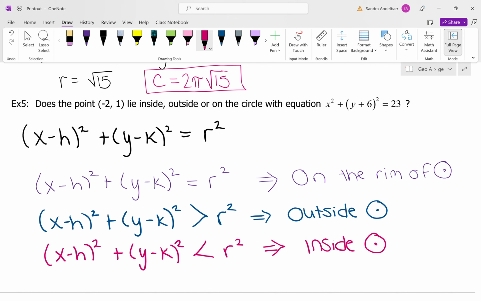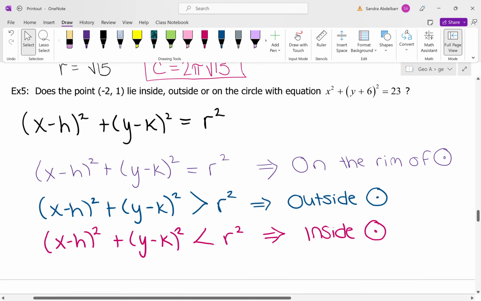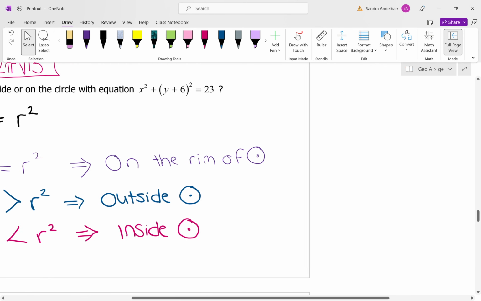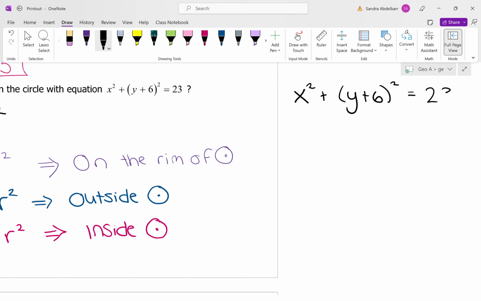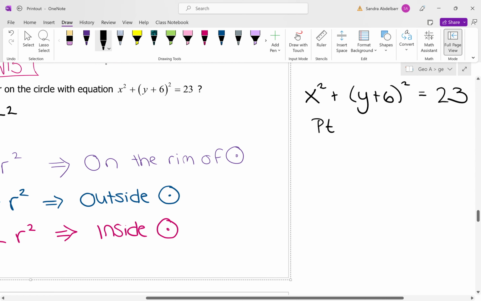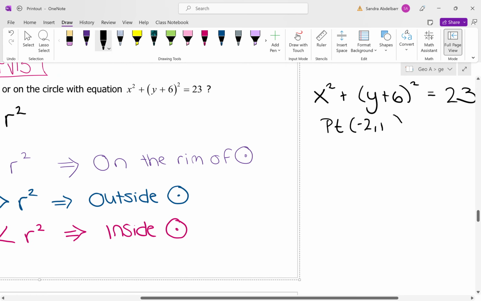All right, so the specific equation they're giving us is x squared plus the quantity of (y plus 6) squared equals 23. So now I'm going to take the point. What was the point they wanted us to test? -2, 1.